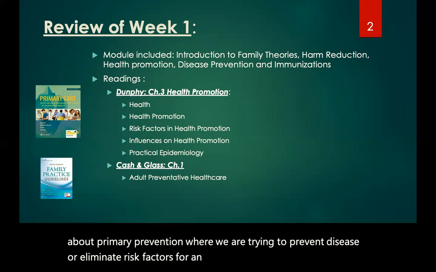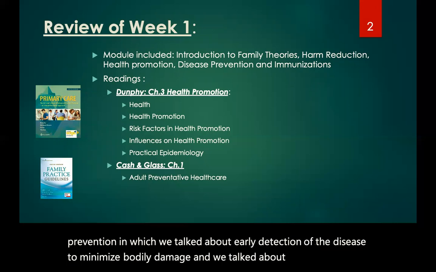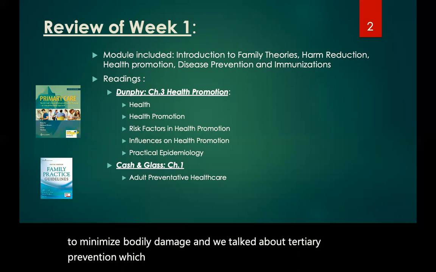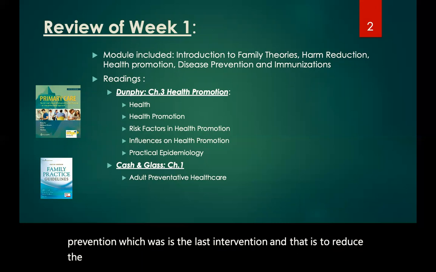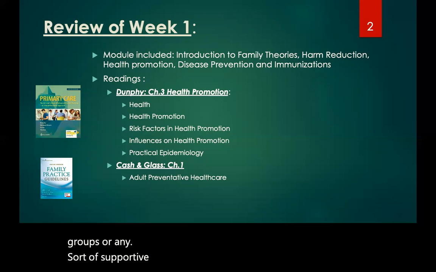We talked about secondary prevention, in which we talked about early detection of a disease to minimize bodily damage. And we talked about tertiary prevention, which is the last intervention, and that is to reduce the impact of disease or injury, including rehabilitation, support groups, or any sort of supportive equipment that you would use.